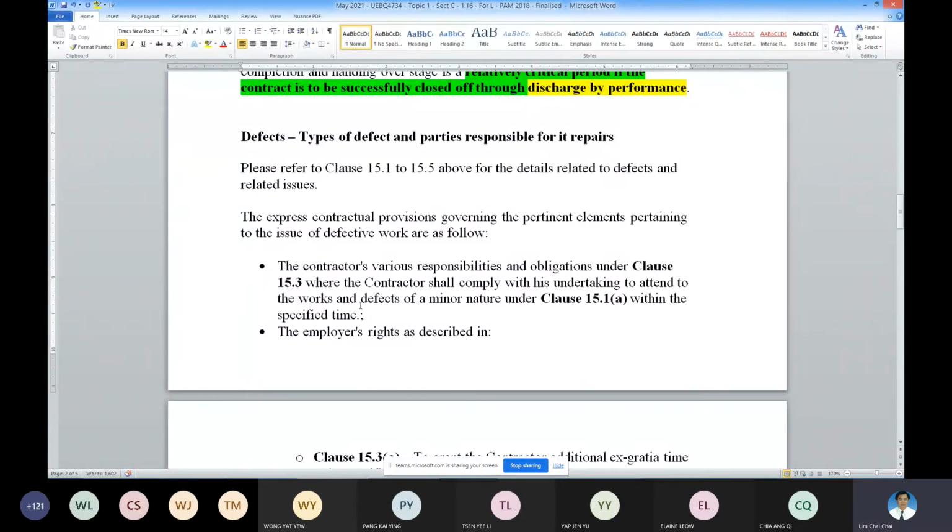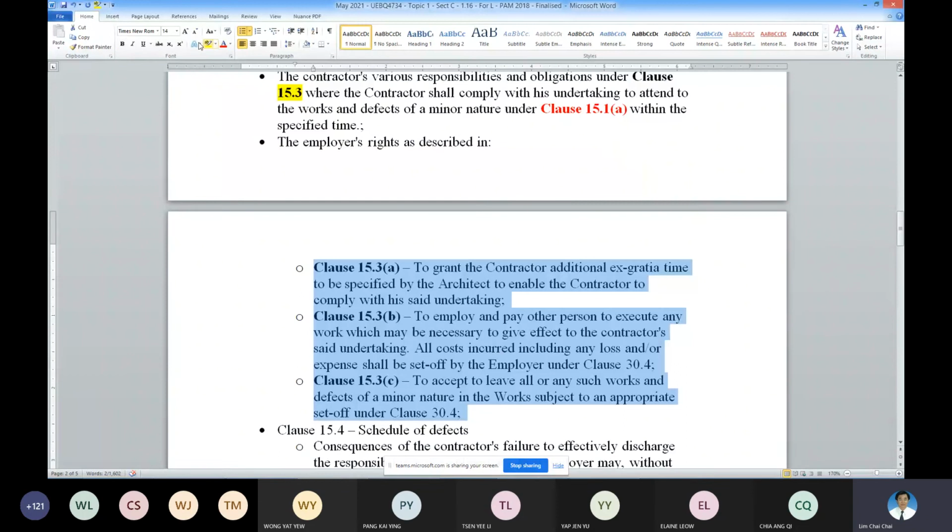So under clause 15.3, it is already linked to clause 15.1, that is the initial list. If you didn't rectify the initial list, what will happen? The employer has these 3 rights. Usually, the employer will choose one.